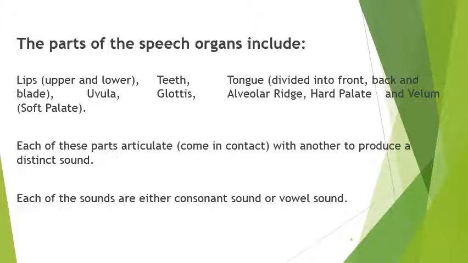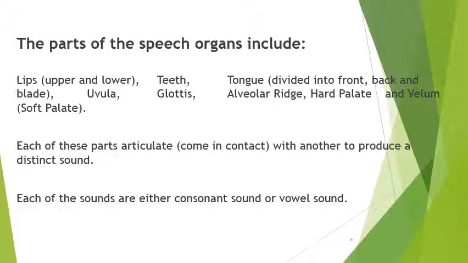They help in the production of sounds. We also have the tongue, which is divided into front of the tongue, back of the tongue, and blade. And we have the uvula, as we can see on the slides. We have glottis, alveolar ridge, hard palate, and velum, which is also called soft palate.